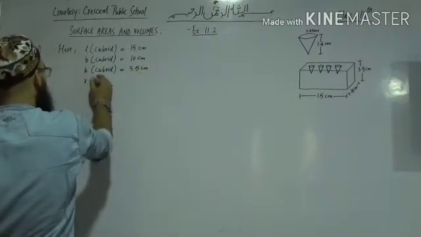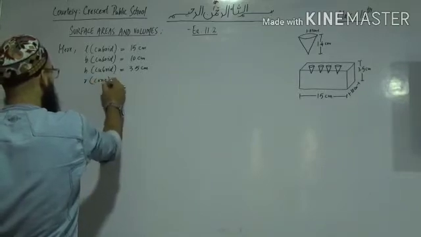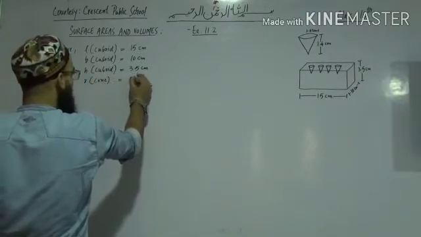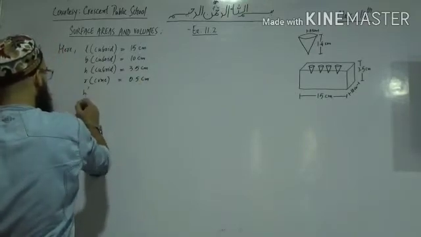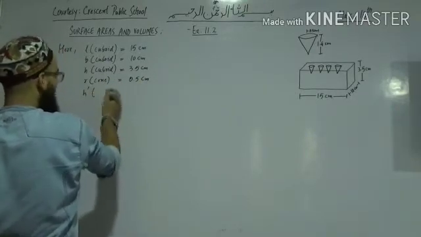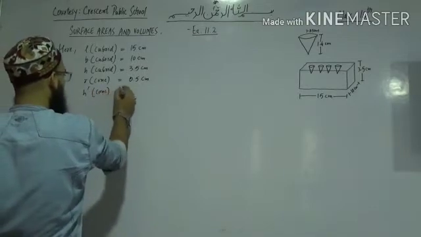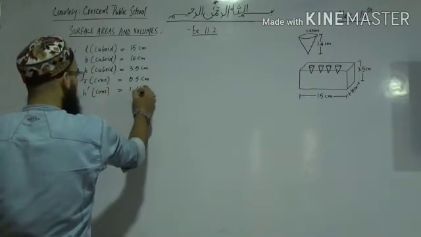The radius of the cone is 0.5 centimeter. Then the height, let us say h dash because it's different from the height of the cuboid, so the height of the cone is equal to 1.4 centimeter.